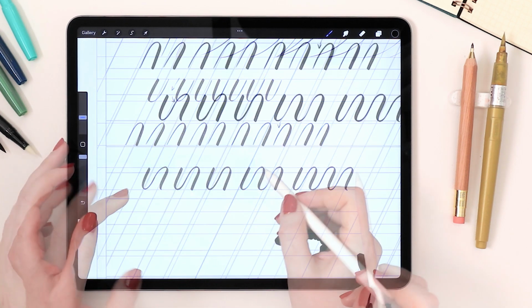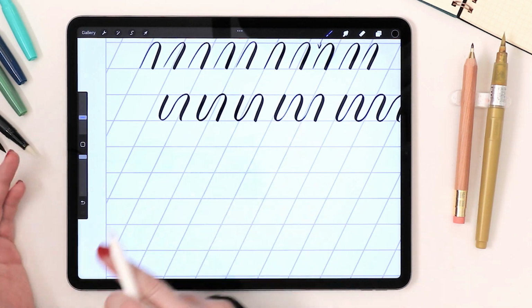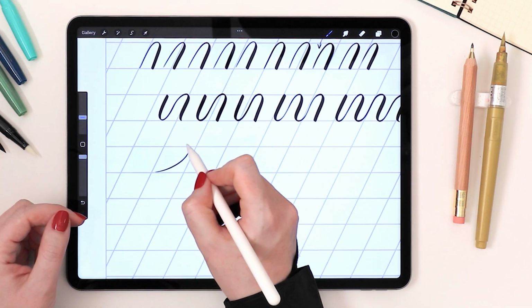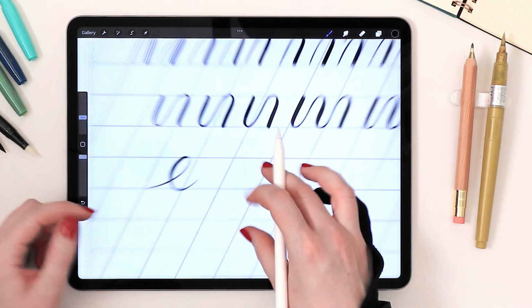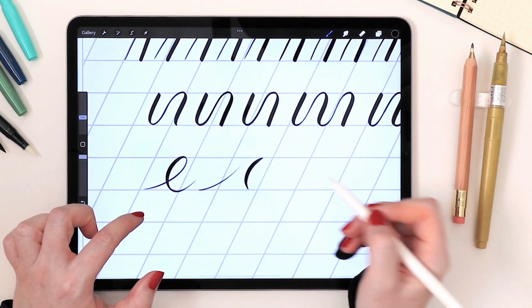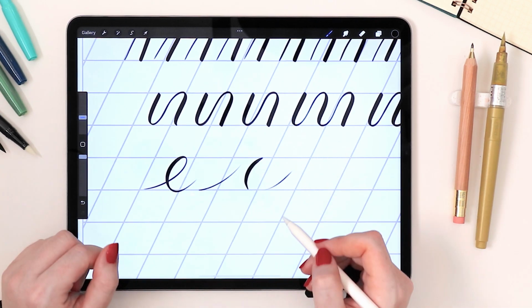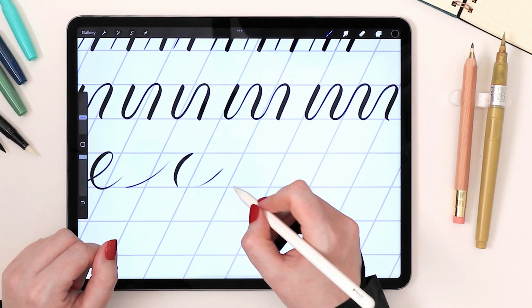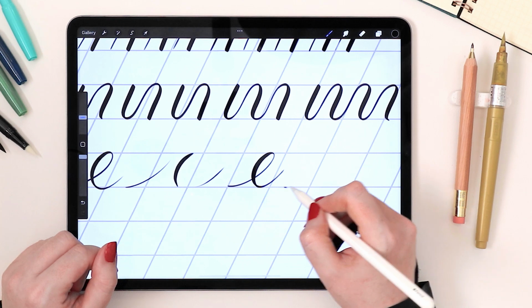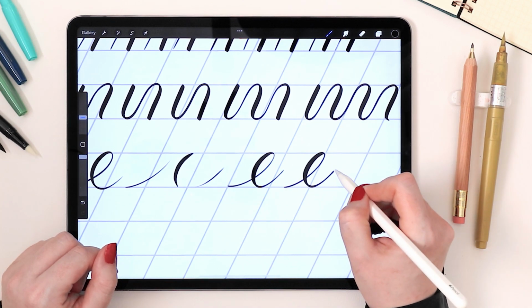The next common way to combine upstrokes and downstrokes is with loops. So a loop like this obviously combines an initial upstroke with a curved downstroke with a curved upstroke again. So upstroke, downstroke, upstroke, up, down, up.